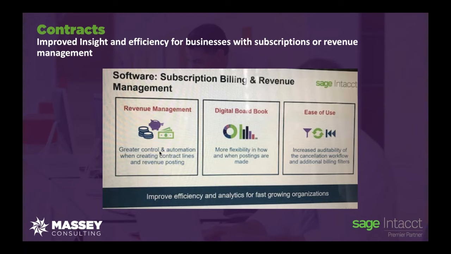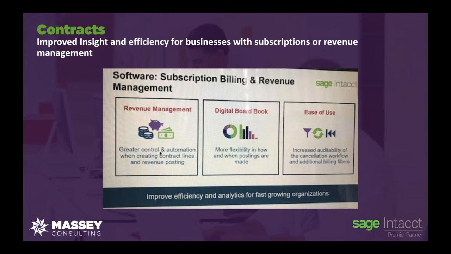Greater control and automation when creating contract lines and revenue postings. So you've got more choices with the contract line items, both in regards to how the line items themselves are created, as well as how the revenue is posted in the RevRec module.